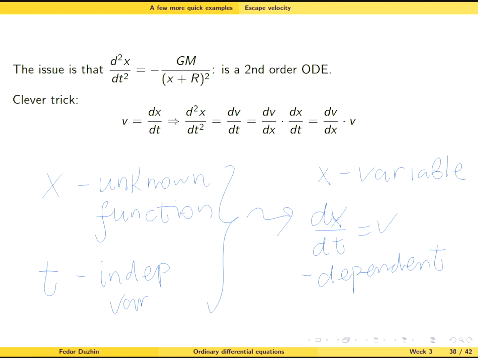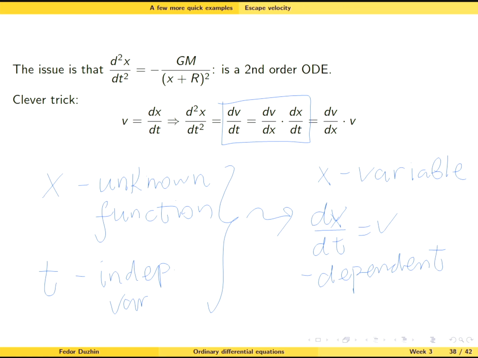And well, you see how this is done. If v is dx dt, then the second derivative of x with respect to t is going to be dv dt, but at the same time, please look here, dv dt is dv dx times dx dt according to the chain rule.